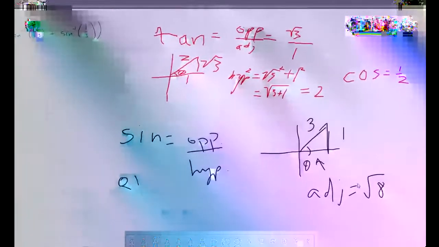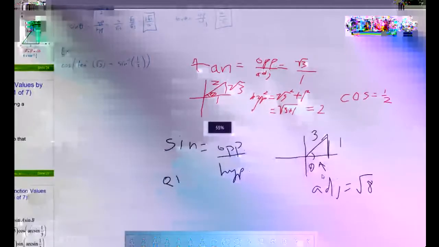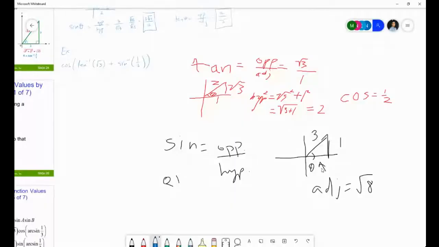Okay, make any more progress over there, Nick? I'm kind of stuck from here. If you could explain, that would be great. Okay. All right, so let's step back a little bit and look at the original problem.